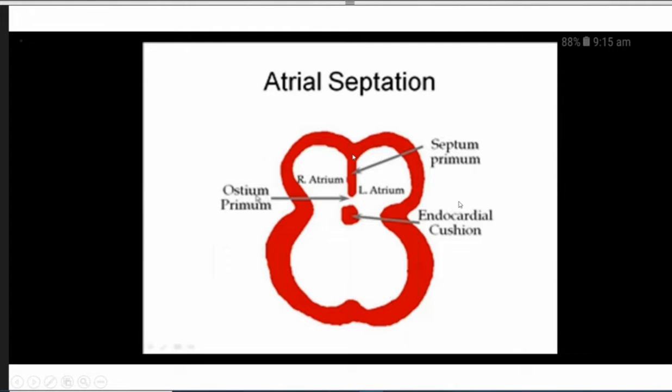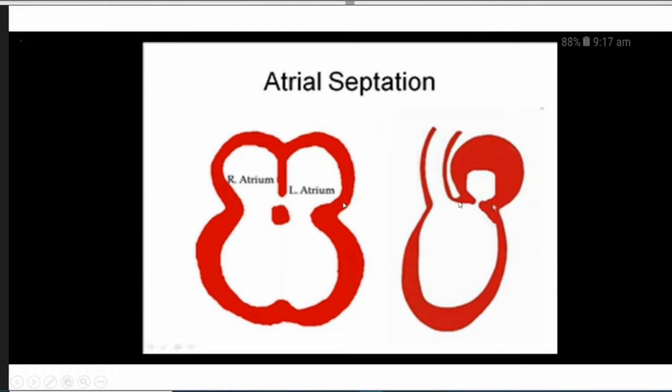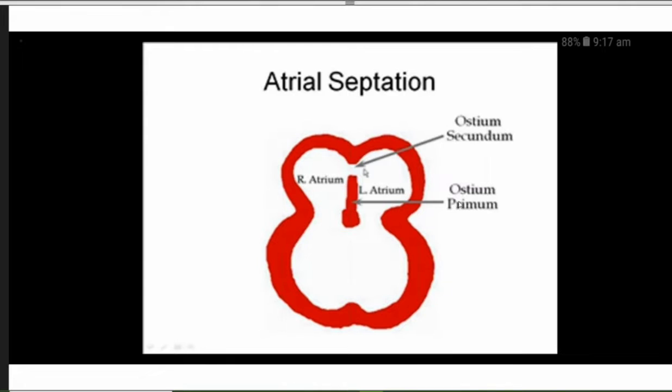So the interatrial septum has septum primum forming from the roof of the atrium and going down. Before it reaches the endocardial cushion, the gap between the atria is the ostium primum. Then we have a perforation in the septum primum, which forms the ostium secundum.